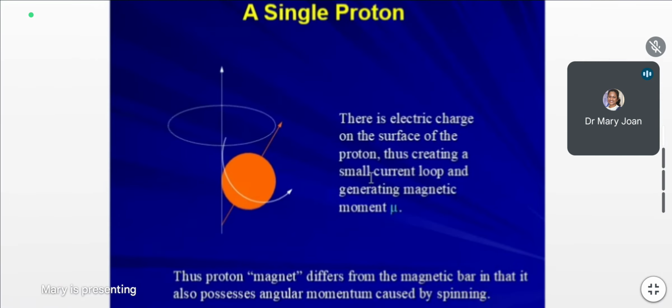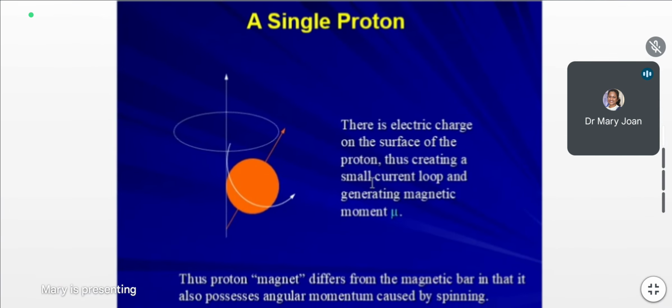There is electric charge on the surface of the proton, thus creating a small current loop and generating a magnetic moment mu. So what is the electric charge on a proton? Anyone? Positive. Yes, there is one positive charge on a proton.